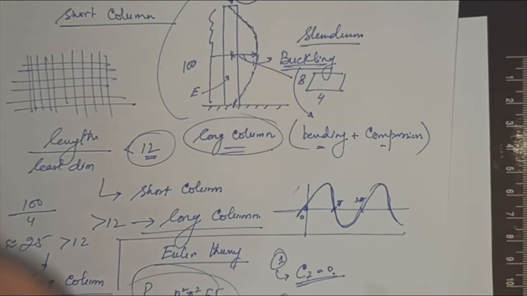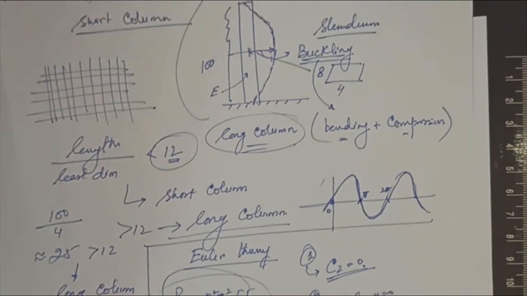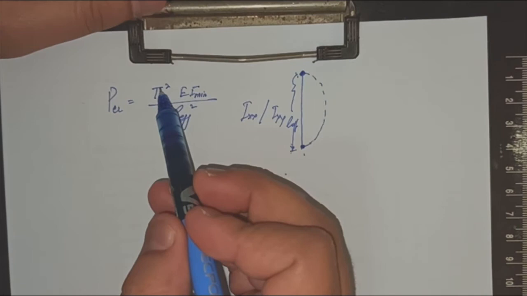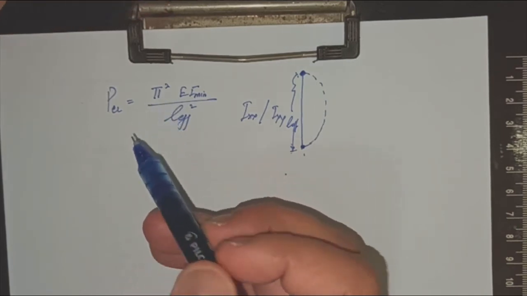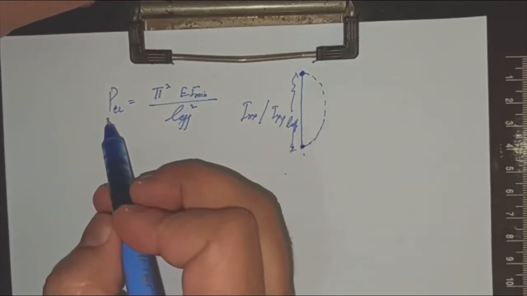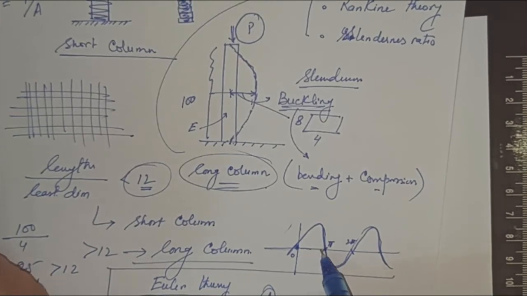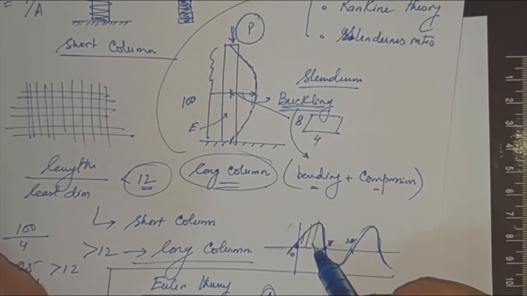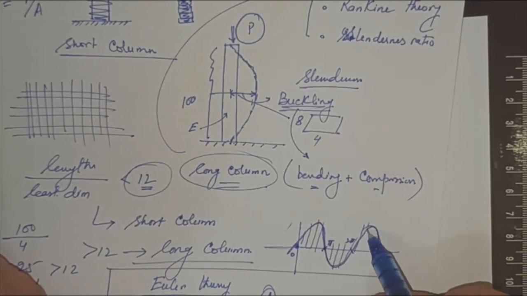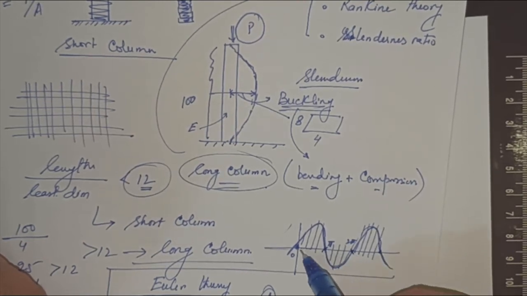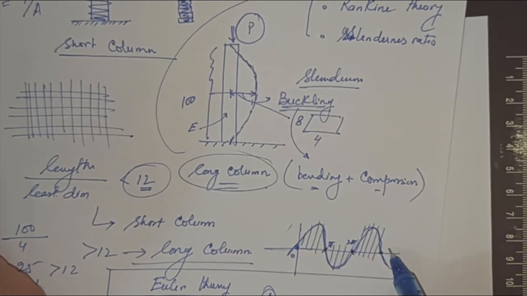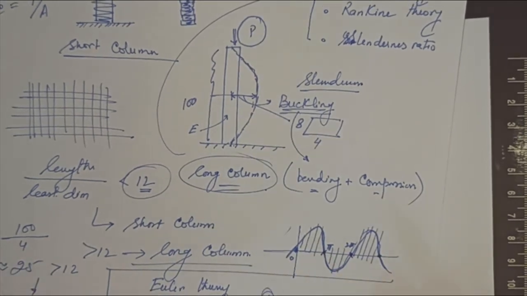Only at these locations, 1 pi, 2 pi and 3 pi, does the critical loading occur. Apart from these locations, in between, the buckling will not occur. The buckling is not supported. So the critical loads are only at pi, 2 pi and 3 pi, not at the other locations.